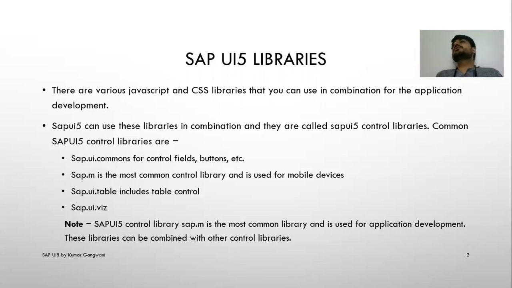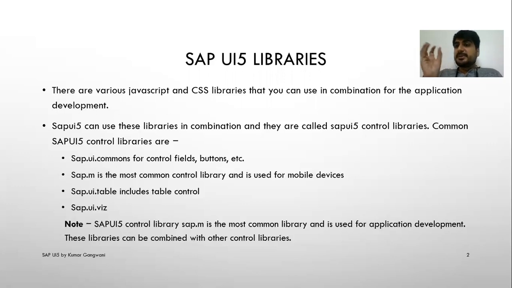The code written by SAP is in JS and CSS. When you say libraries, it's like you have a lot of knowledge, but that knowledge has come from various books, right? So SAP has created that book library.